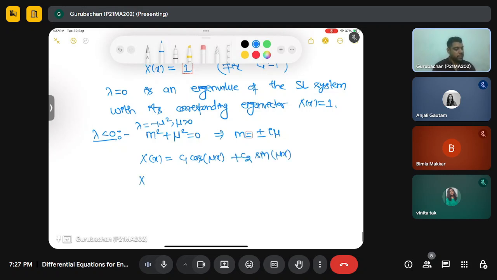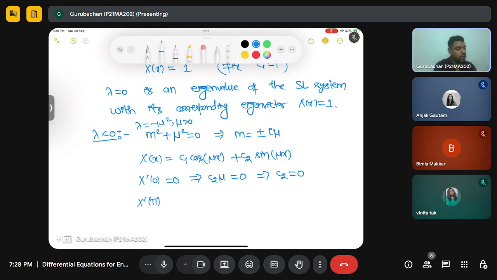Since X dash 0 is 0, cos will become sine, and sine 0 is 0, so we don't need to worry about it. c2 mu will be 0 from here, and this will imply c2 has to be 0.